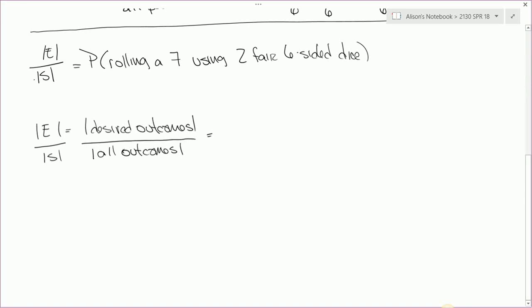So that begs the question, how many different ways can I roll a 7? I'm going to use ordered pairs.